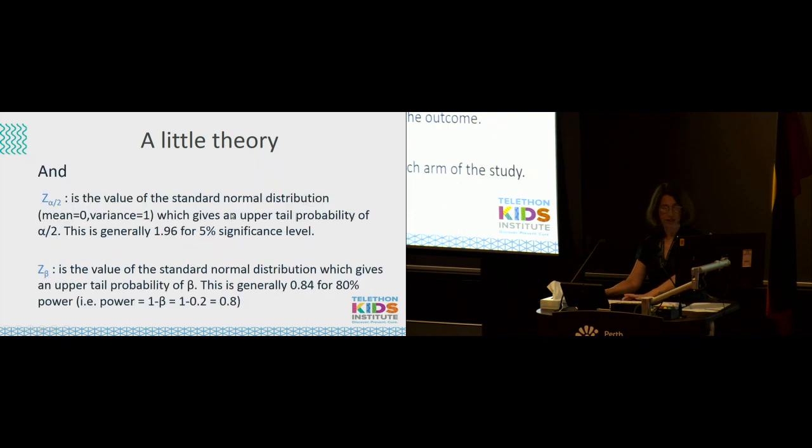So I'll show these with an example. Z alpha upon 2. So it's a two-tailed test. We take alpha and divide it by 2, because remember there are two tails on that red distribution. And that's the value of the standard normal distribution which gives an upper tail probability of, for example, 2.5%.